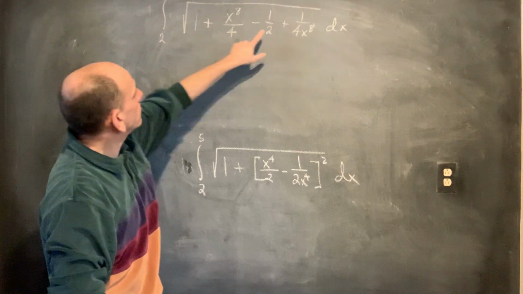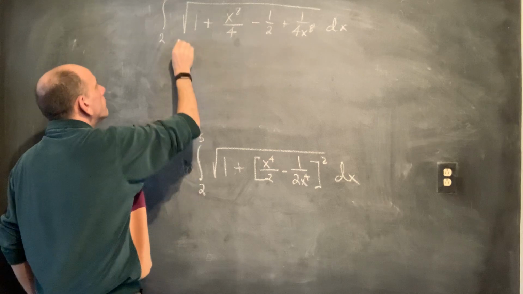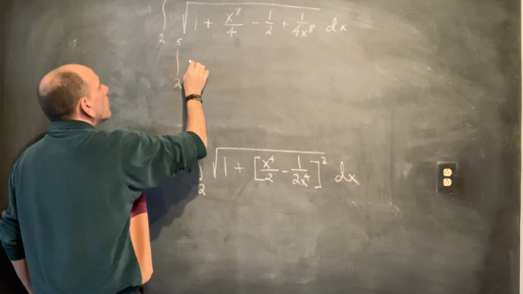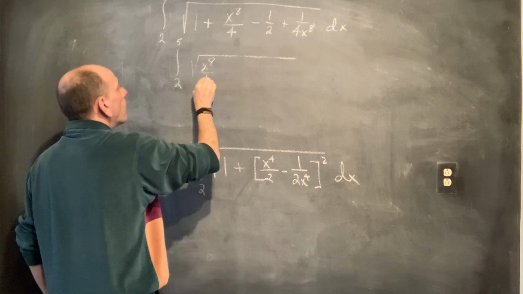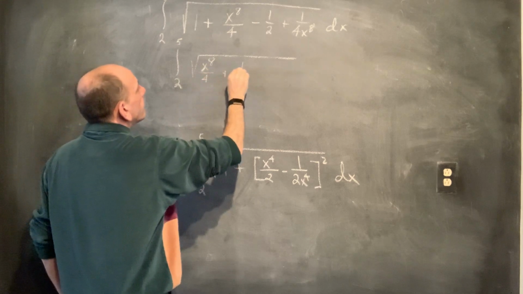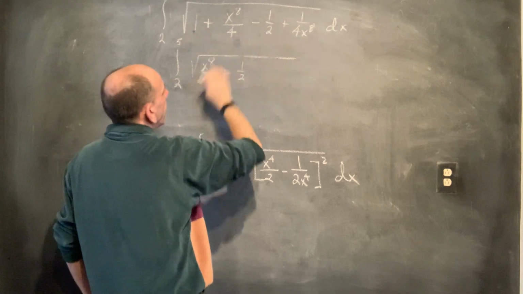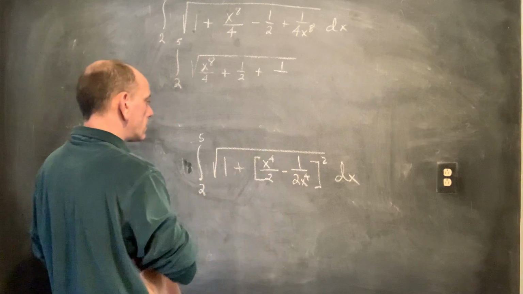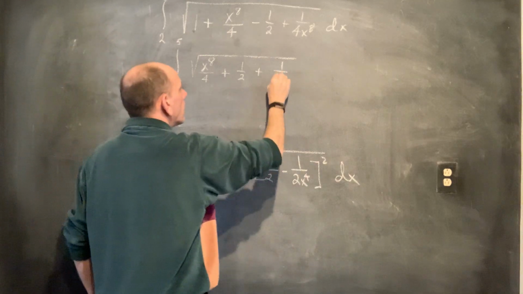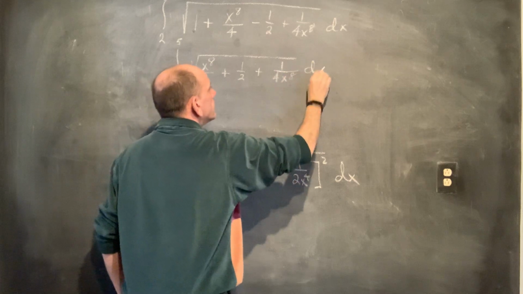We do have some like terms there. 2 to 5 square root x to the 8 over 4 plus a half, right? 1 minus a half plus 1 over 4x to the 8th dx.